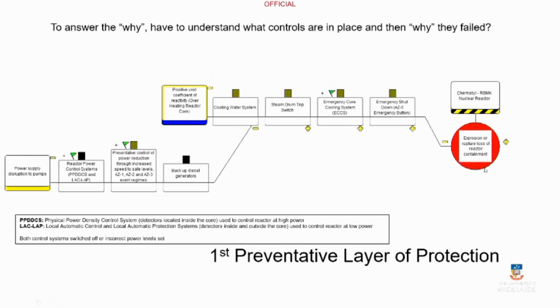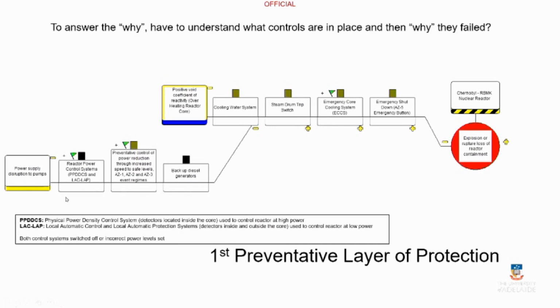Before you could get to the situation of the explosion, which was well illustrated by the animation in the previous video, there are a number of controls that you have in place. The first and most fundamental control is your cooling system, your water system. And using bow tie methodology, you ask yourself the question, what can go wrong to my water cooling system?